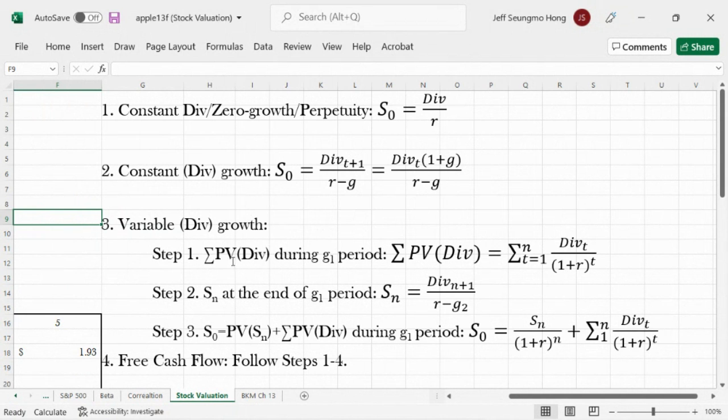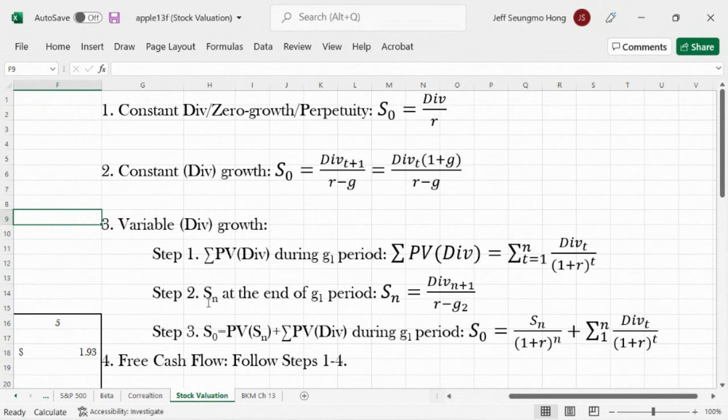First, we find the sum of the present values of the dividends during the fast growth period. G1 is the growth rate during the fast growth period, which is not a difficult thing. We only need to find the present values of all the dividends.